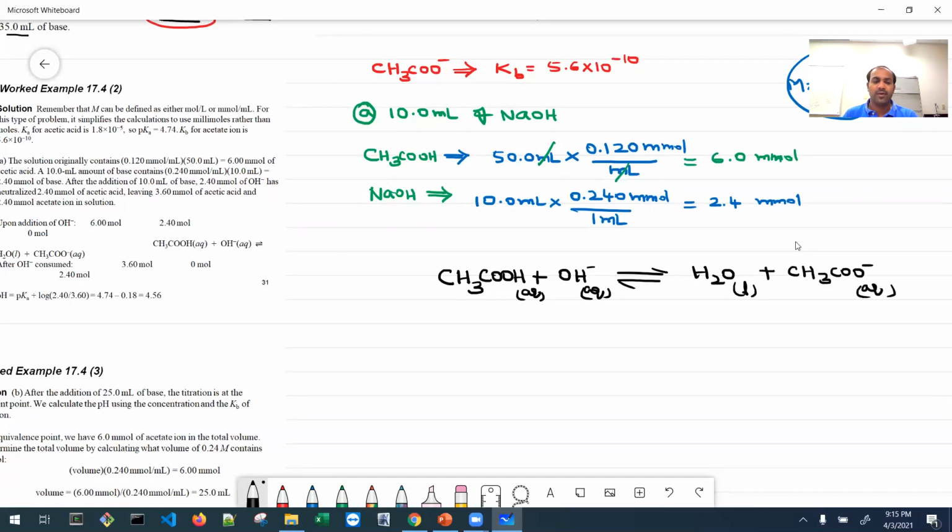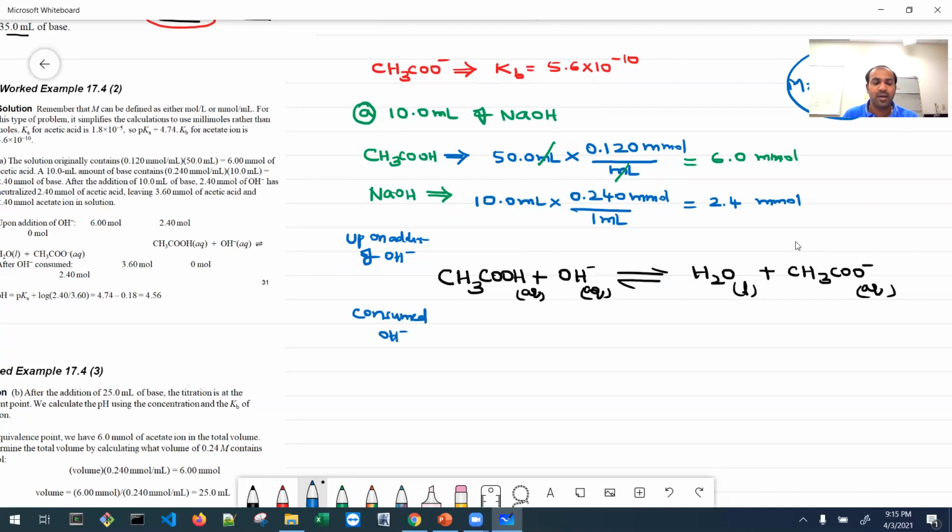Okay, now we're going to write down two conditions. One is upon addition of OH minus, and below we write the concentrations after OH minus is consumed.